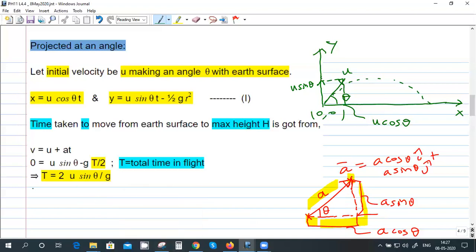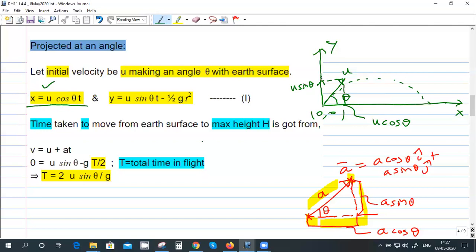And this is what is written here. This one, x equal to u into t, where u is the horizontal component, u cos theta into t. So this is clear for the horizontal motion, uniform velocity. This is okay, right?